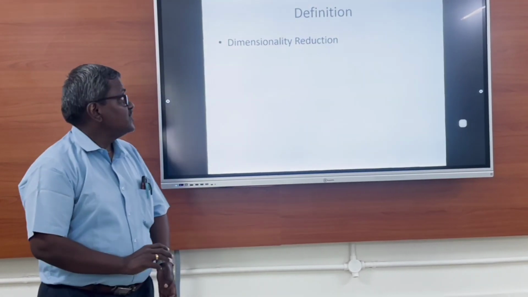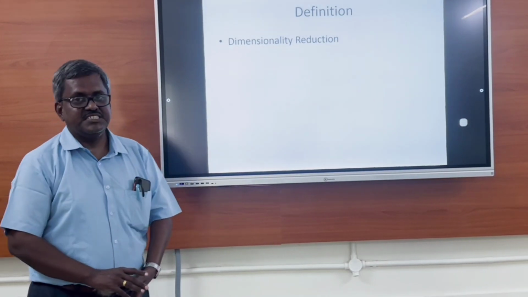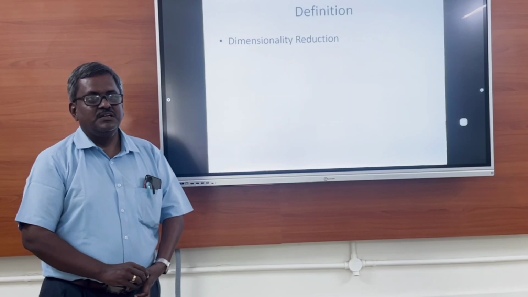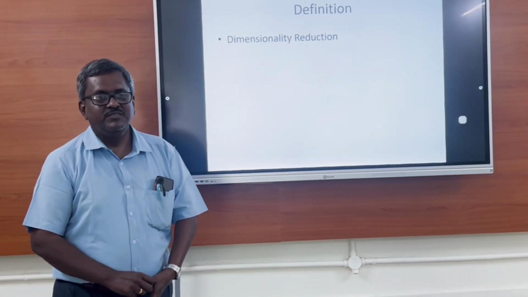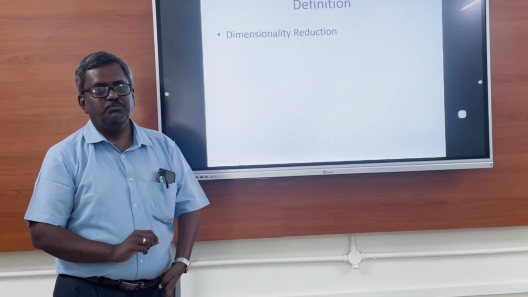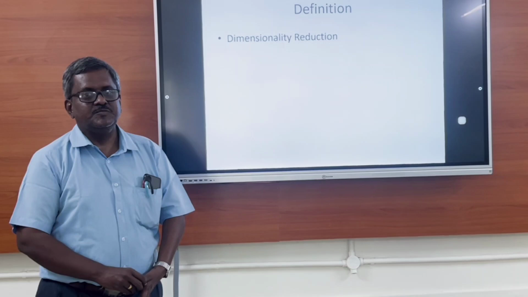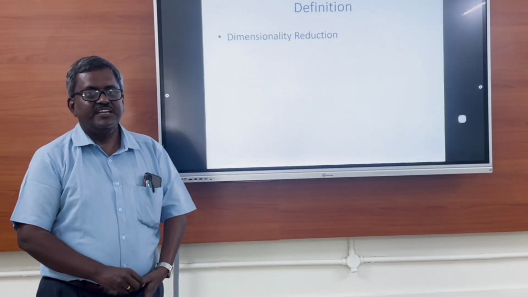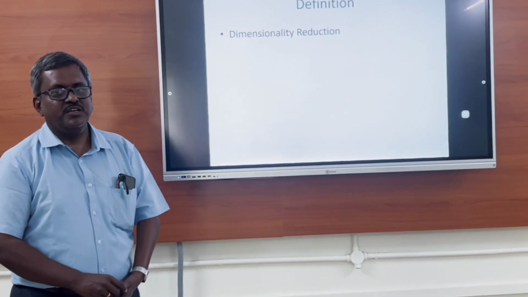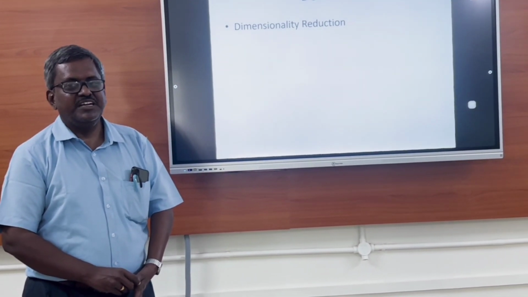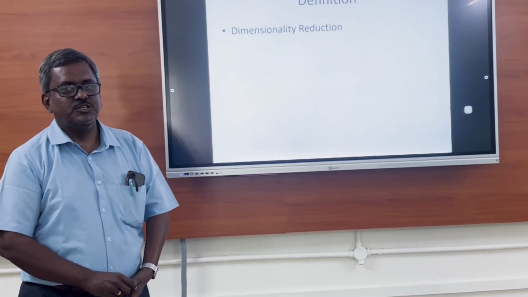So here the concept is dimensionality reduction, where for example when there is a number represented by 8 cross 8 matrix, we can have 64 dimensions, and from that we can reduce the dimension to 8.